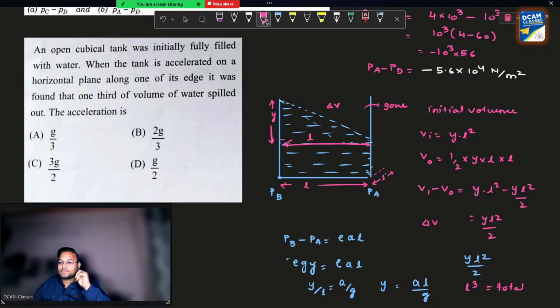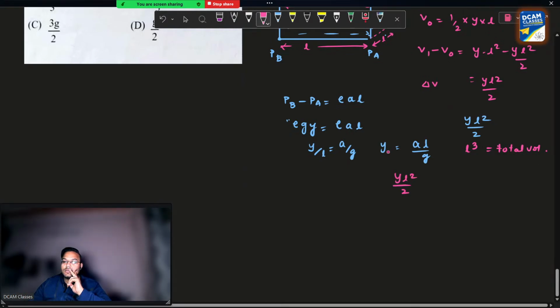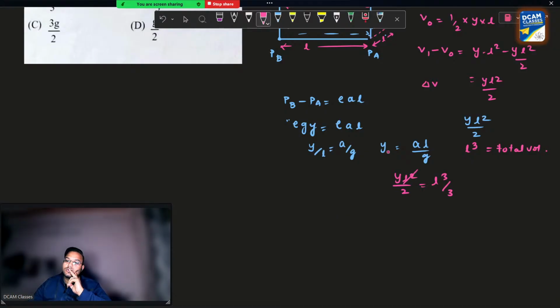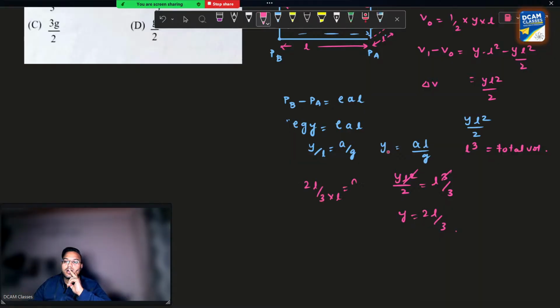They said 1/3 of the volume of water is spilled out. That means yL square by 2 is equal to L cube by 3. So y is equal to 2L by 3. We are getting the same answer: a by g is equal to 2g by 3 only.